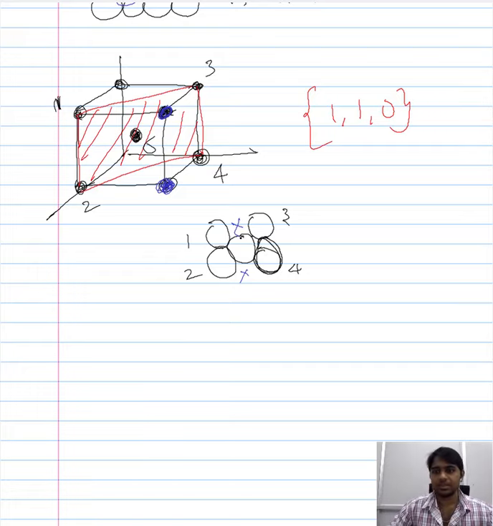So the next layer, when you build on the 110 family of planes, would be in the gap between 1 and 3 and 2 and 4. So these atoms will occupy the gap between the diagonally positioned atoms in the 110 plane. And if you keep on building that, you will have an arrangement that looks something like this.